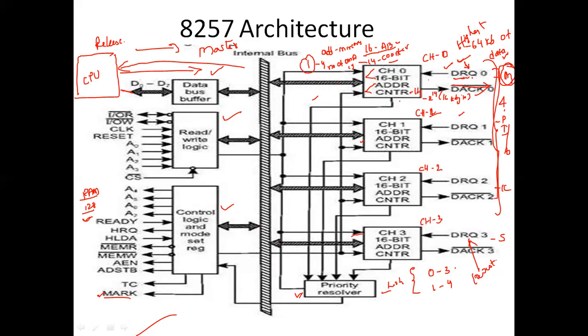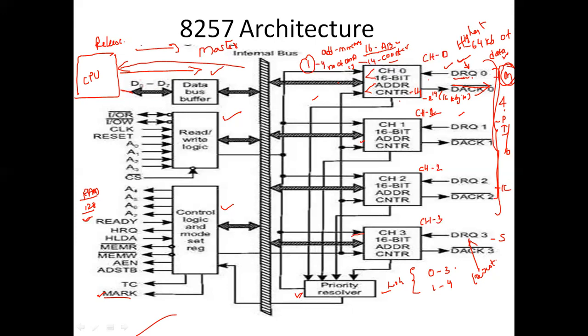All these channels are going to be connected to the input output devices. Each channel is going to have a 16-bit address and a 14-bit counter. The 16-bit address is used to give the memory address, and the counter is used to count the number of DMA cycles.